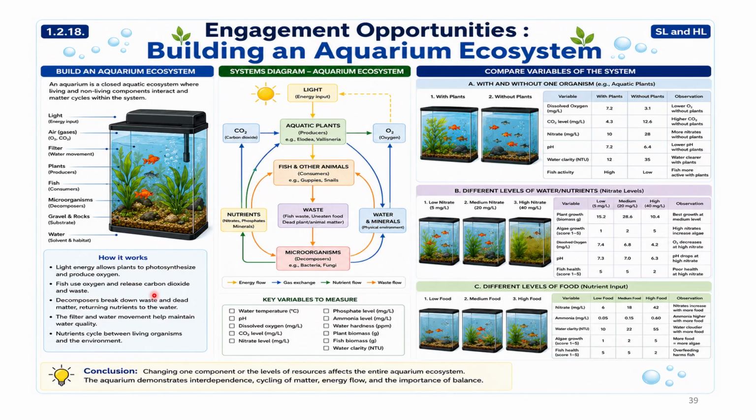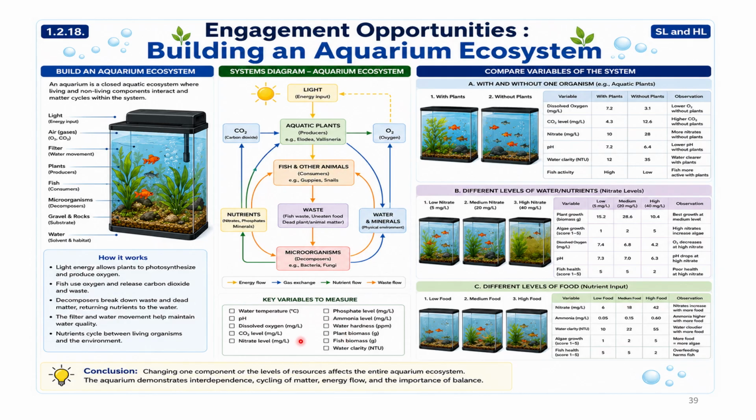Plants absorb carbon dioxide and release oxygen, animals respire and produce waste, and decomposers recycle nutrients back into the water, maintaining continuous matter cycling. This model also allows us to explore how changing individual variables affects the entire system.